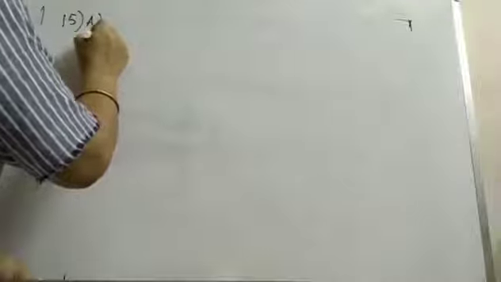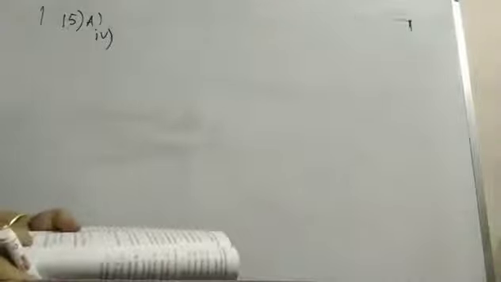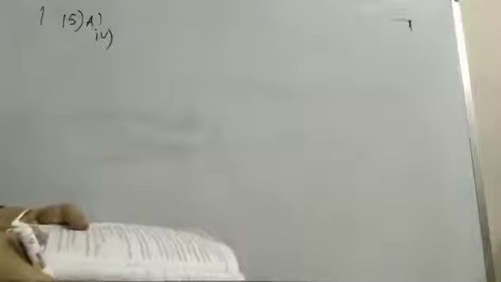Now I am going to the next sum, 15 A4. If the ratio of curved surface area of two solid spheres is 16:9, what is the ratio of their volumes?